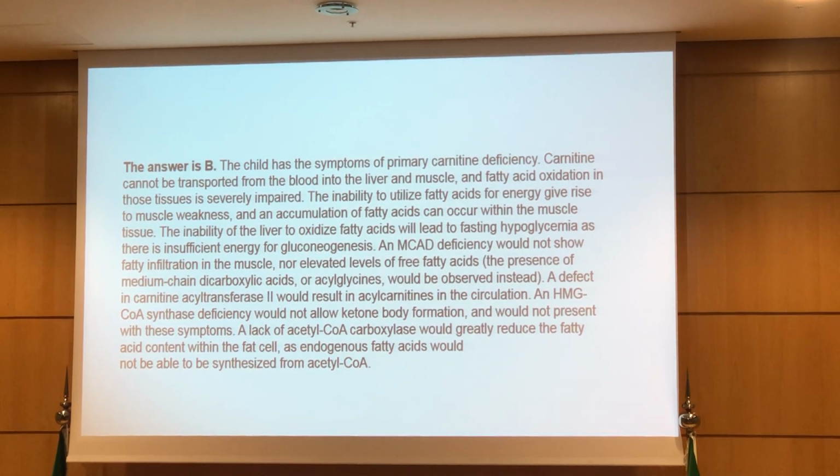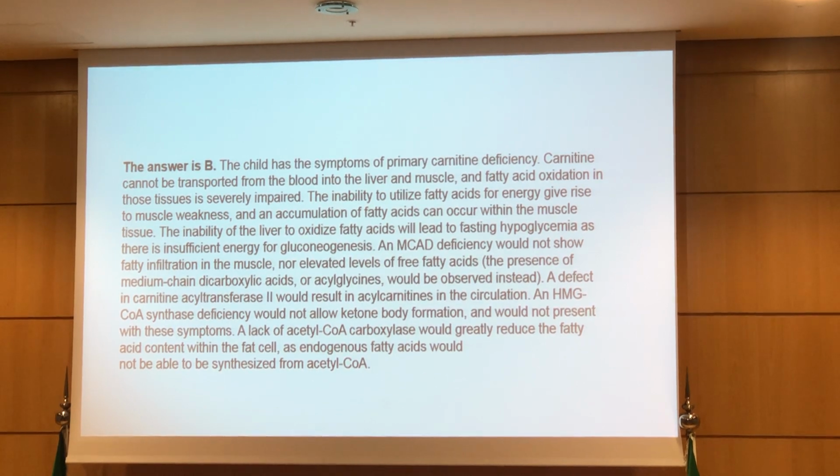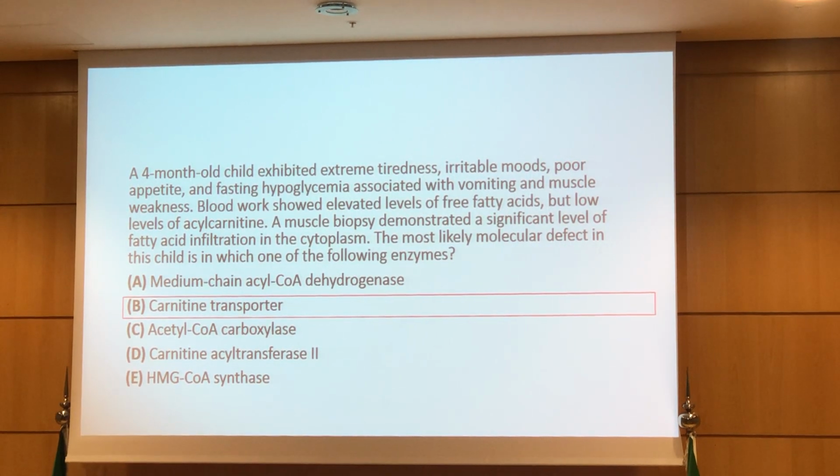All right? Now you are going to ask me, if I don't have the carnitine, how is the fatty acid getting into the muscle tissue? And I'm going to quickly move this back to the question, because I don't want you to read the answer. Can somebody tell me what accumulation is taking place in the muscle? If I don't have the carnitine, I can't get the fatty acid in.